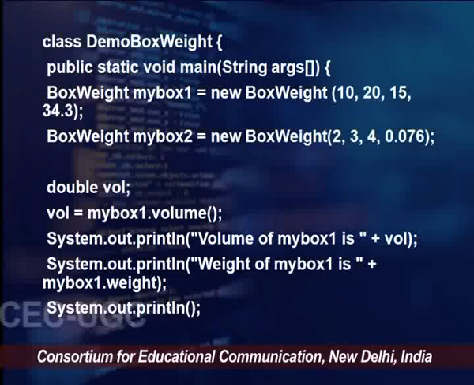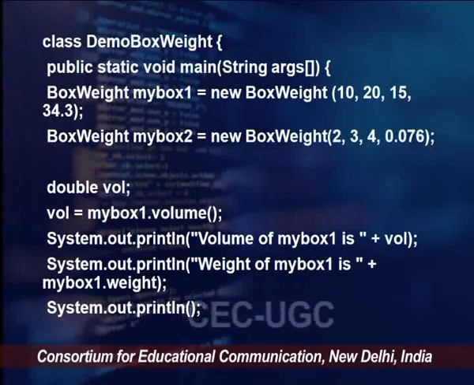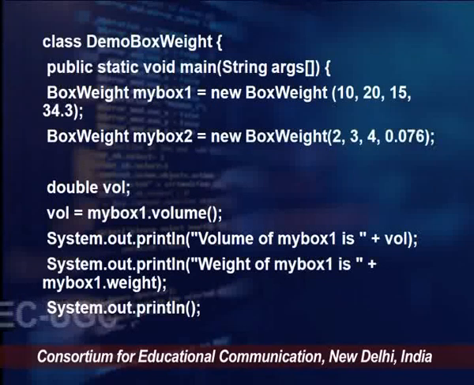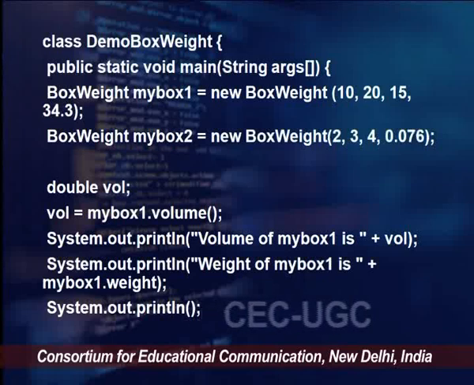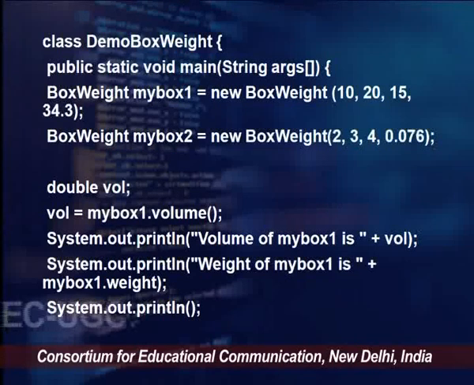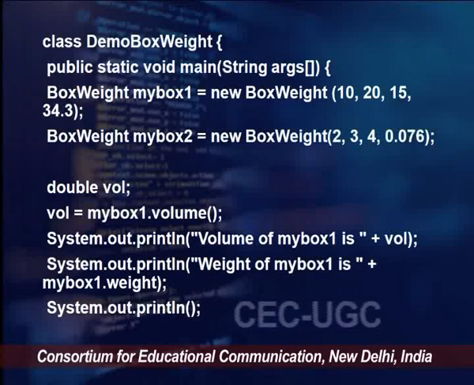One reference variable to the object is named mybox1, another one is named mybox2, and here we are calling new BoxWeight, and some parameters are being passed: 10, 20, 15 and 34.3. Well, 34.3 is going to be the weight, and 10, 20, 15 will be the width, height and depth.